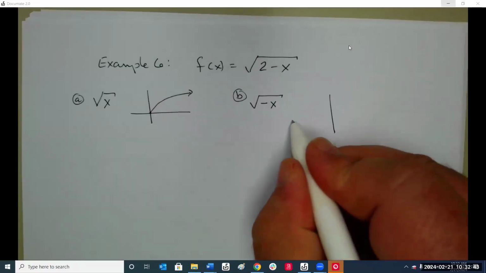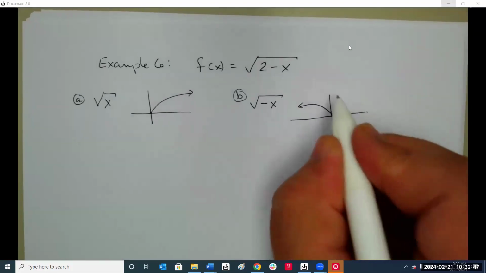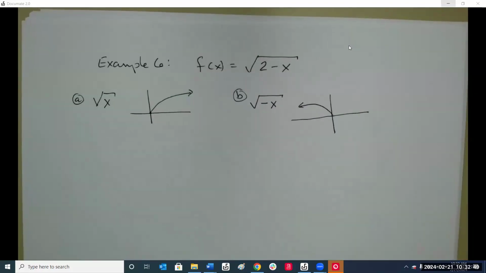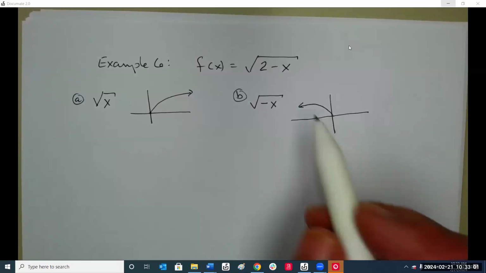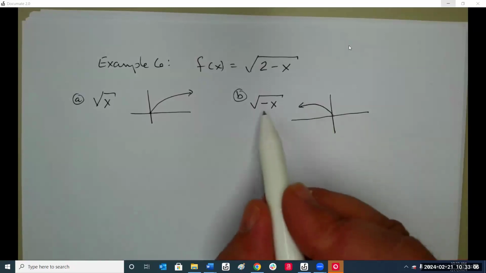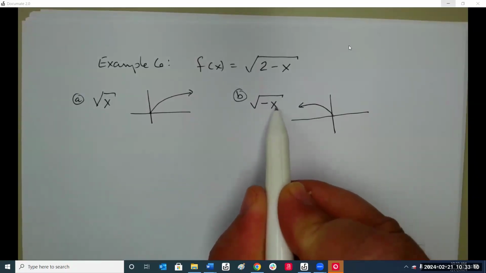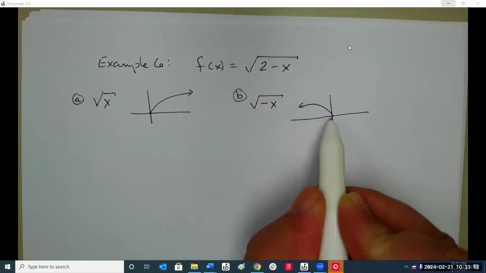Since x changed signs, that means I flip across the y-axis. Let's think about it. What's the rule about radicals? What can you not have inside radicals? Square roots, you cannot have negatives. So the only way we can get rid of this negative is if x is negative. So that's why it has to go backwards.